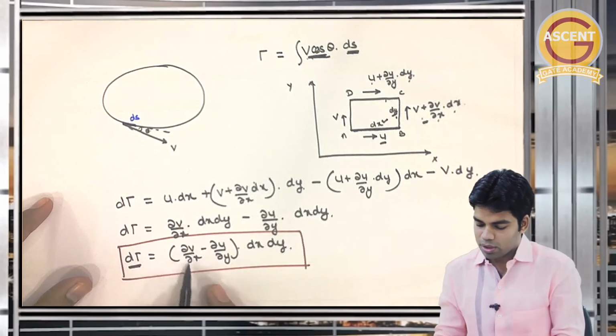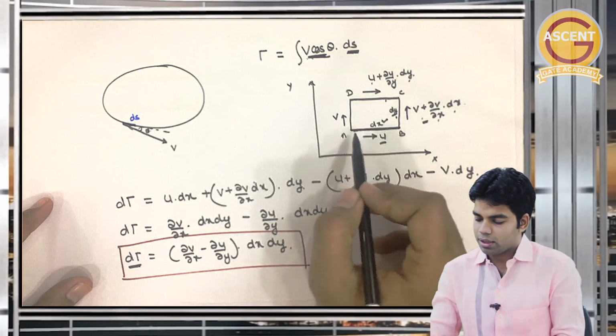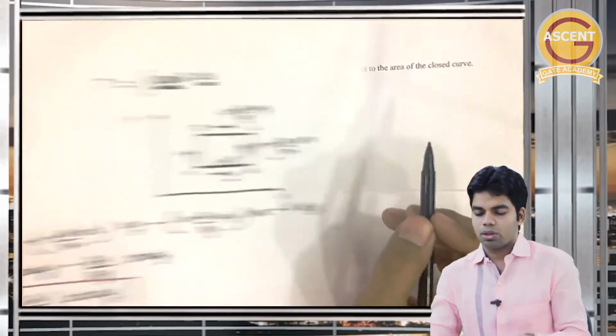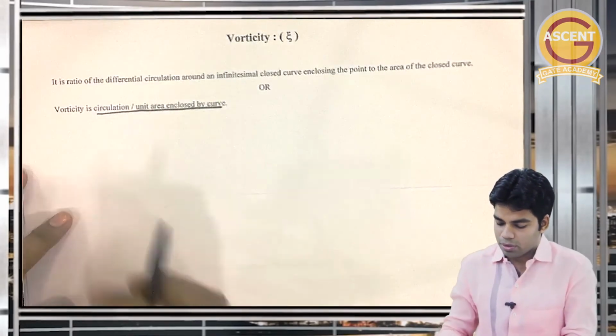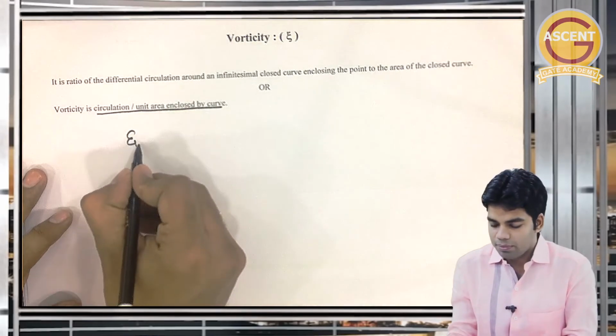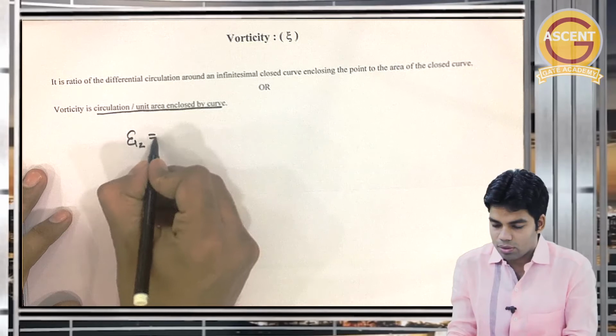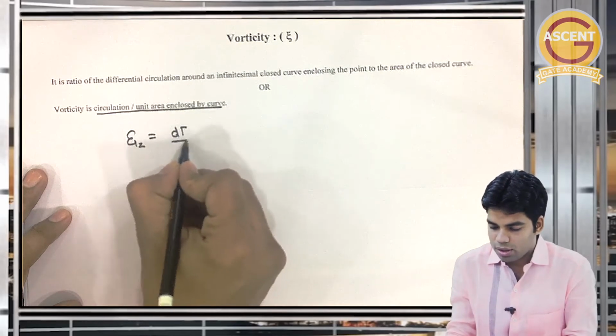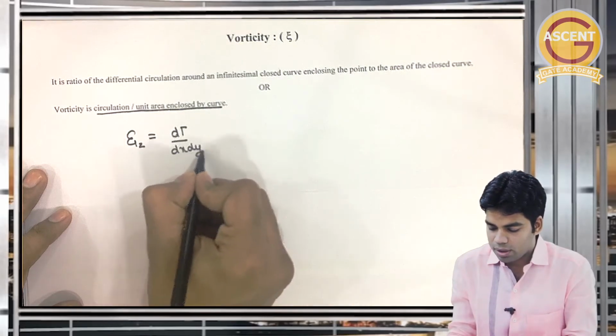Here the circulation was del v by del x minus del u by del y into dx dy, and area here is dx into dy. Okay, so if I want to determine the vorticity, here vorticity zeta, this is denoted by zeta about z axis, is equal to d circulation divided by dx into dy.